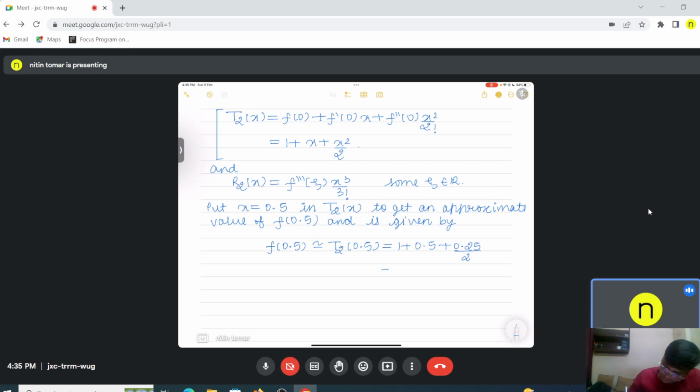If you compute, this will be 1.625. Okay.